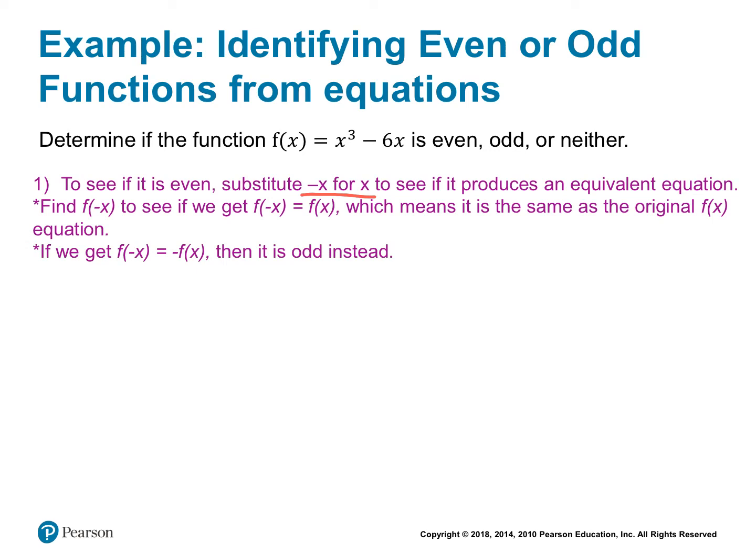So in other words, we're trying to find f of negative x to see if we get it to equal the original. We want to know, is it the same as the original or not? If we end up getting f of negative x equals the opposite of the original, then it's going to be odd instead.